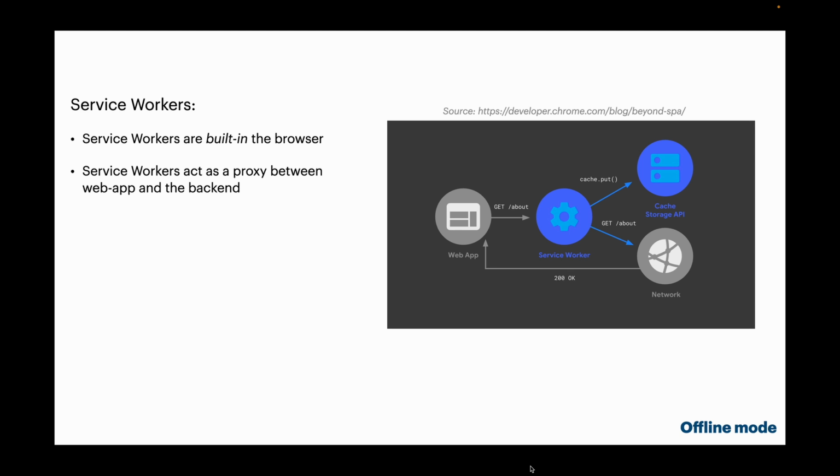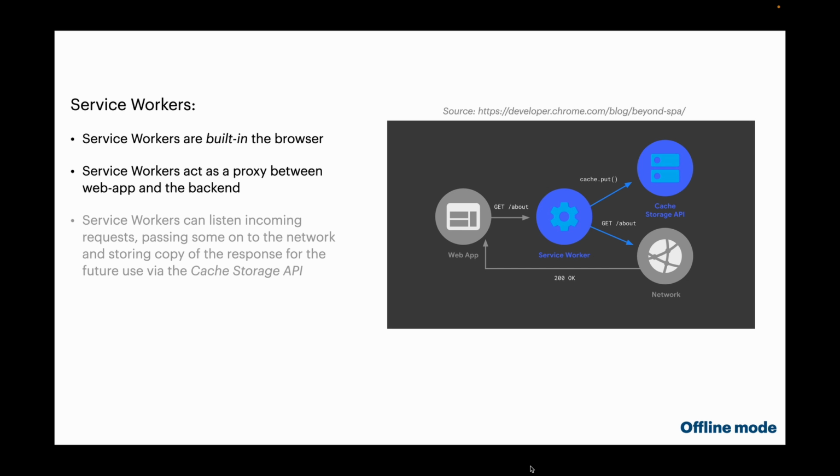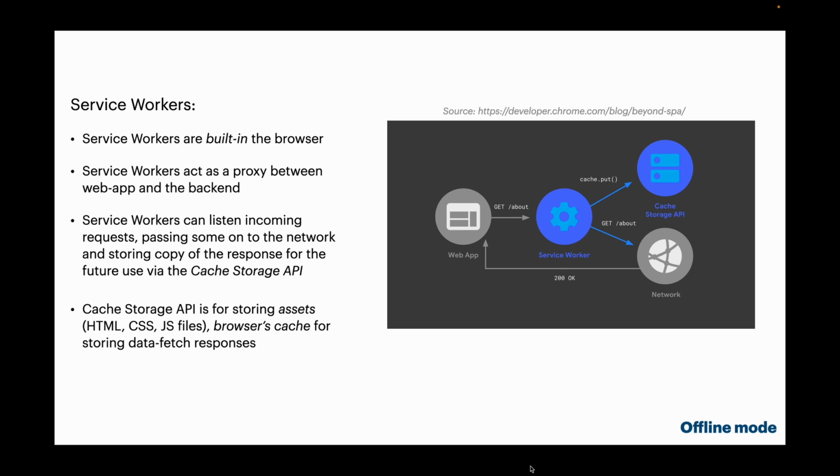Service workers act as a proxy between the web application and the backend. Service workers can listen to incoming requests, pass some of them to the network, and store a copy of the response for future usage via the Cache Storage API. The Cache Storage API is for storing assets such as HTML, CSS, and JavaScript files.